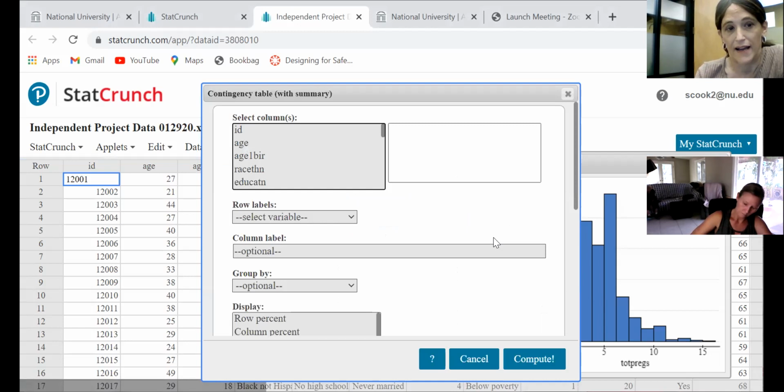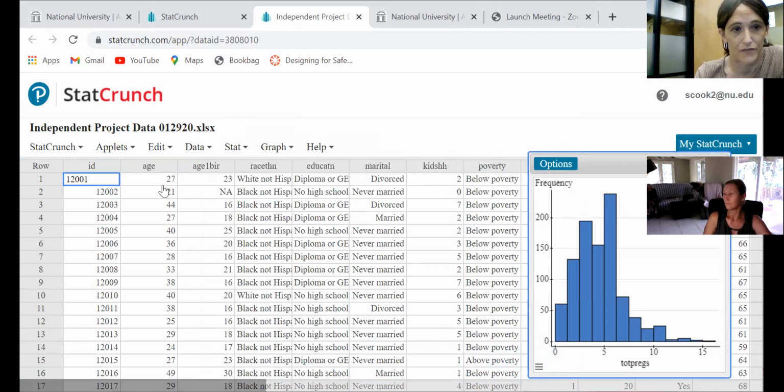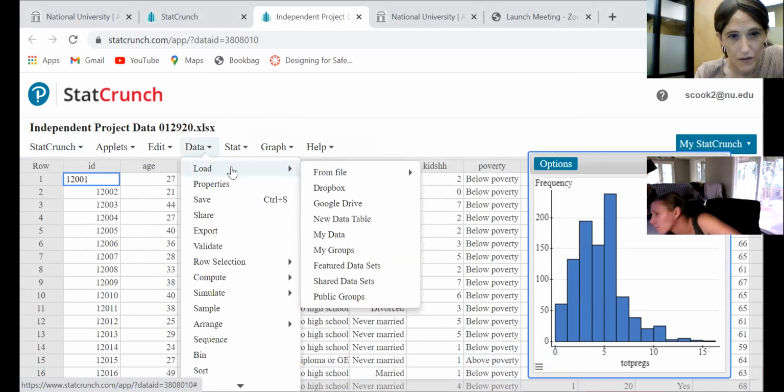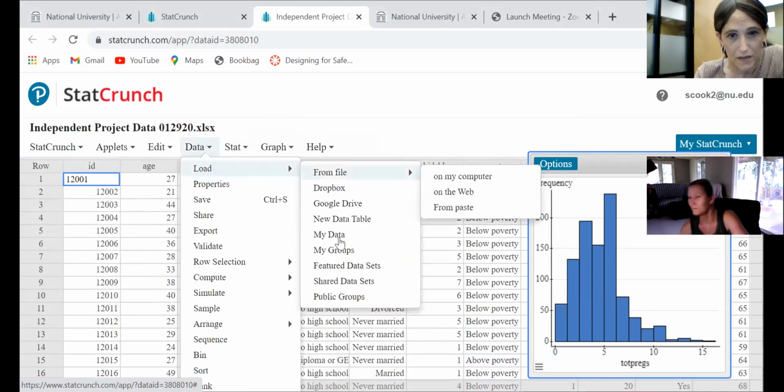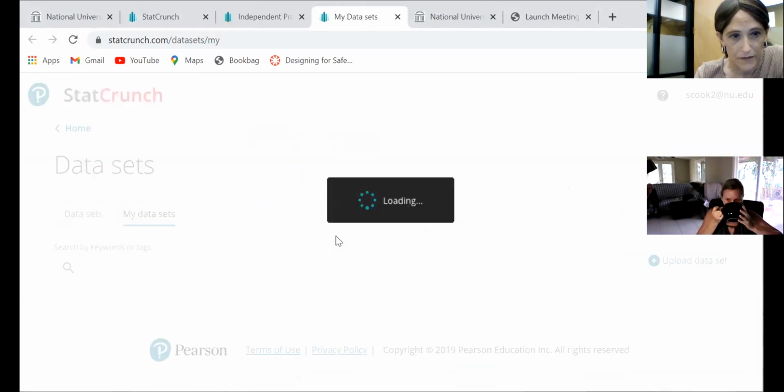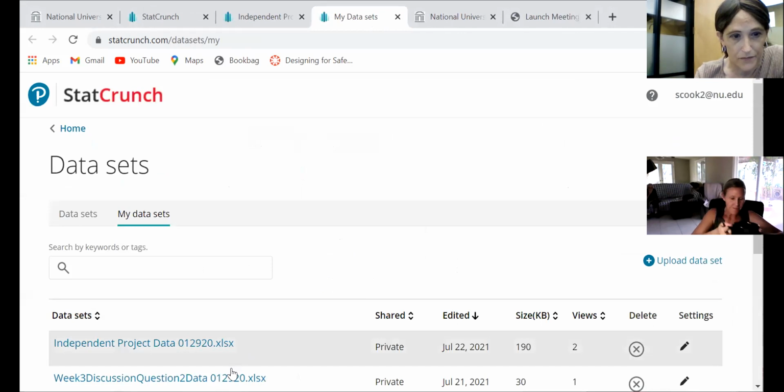Okay. Now I have a data set in here that I don't want to use. So before I do that, I'm going to create a new data set. I'll just give you an example here.